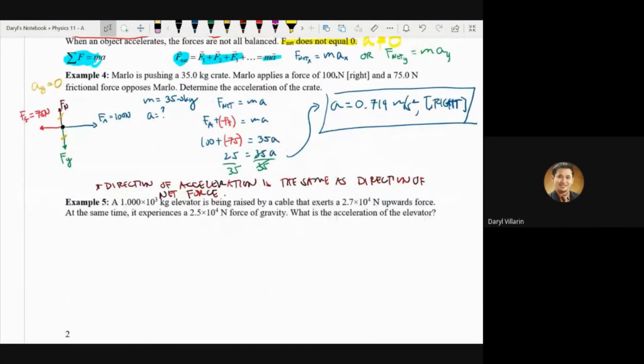It's just taking the algebraic sum. In this case, even though you have vertical forces, the normal force and Fg are equivalent, so the vertical acceleration is just equal to 0.